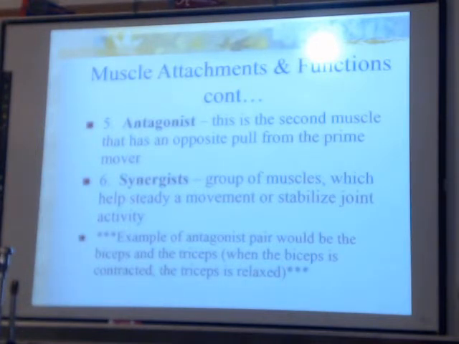Like your quadriceps and your abdominal muscles, those muscle groups work together to improve stability and movement. The quadriceps helps with stability when we stand, but also with the joint stability of the hip and the knee. So an example of an antagonistic pair would be the bicep and the tricep, and we talked about that already.